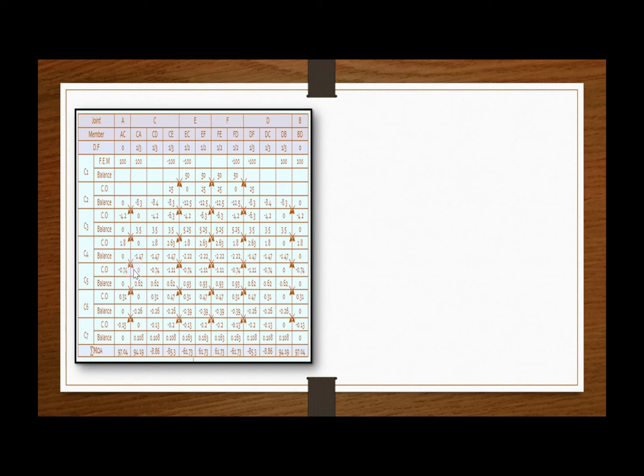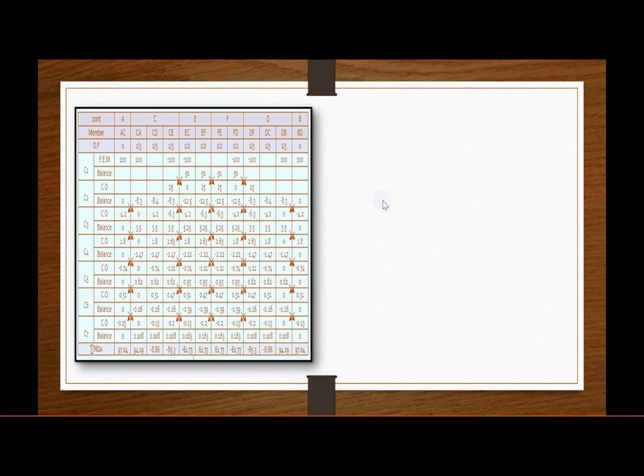Ni-add na lang natin lahat ng mga numbers dito na in-input natin. Also here, 8.6. So, for example here, for joint F, member FD, our summation of M_A is negative 61.73. Ganun din ang gagawin for joint B. So far, balik-balik lang din ang mga answers.